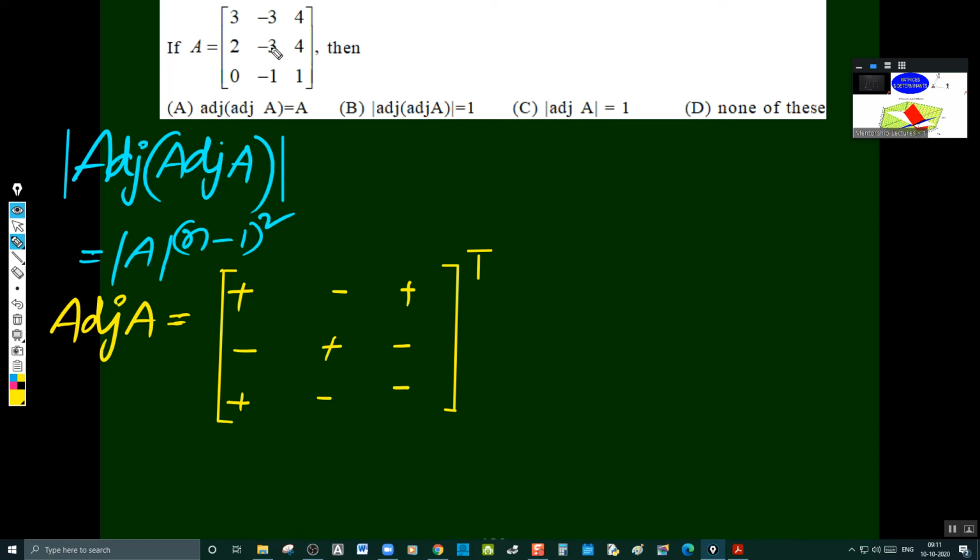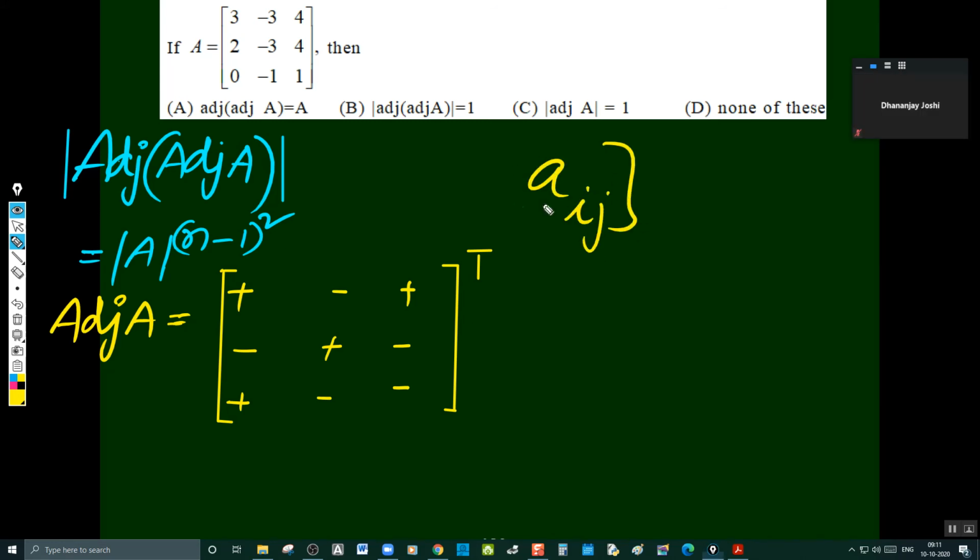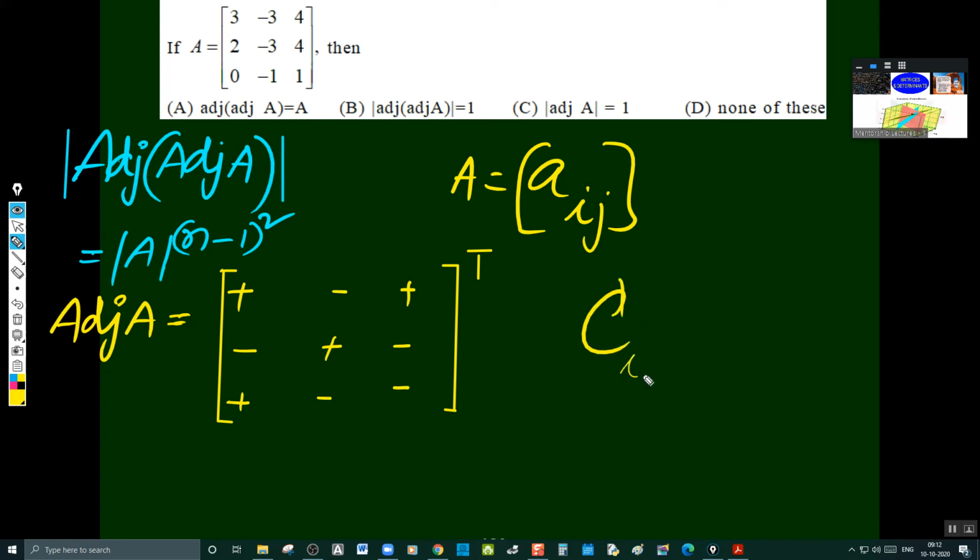Now I'm writing the minor of 3 or cofactor of 3, because I should not say cofactor now, as I have already placed the signs here. And I'd like to remind you one thing here. If Aij is the matrix, then Cij, that is the cofactor of element Aij, is nothing but minus 1 whole power i plus j into Mij.